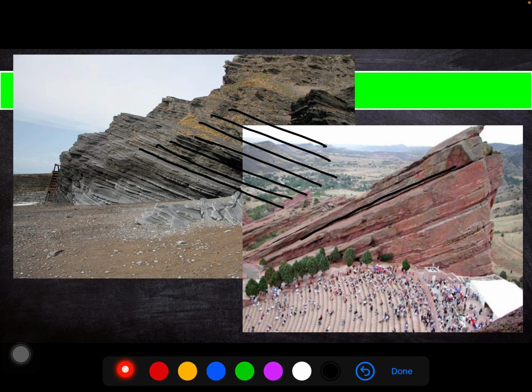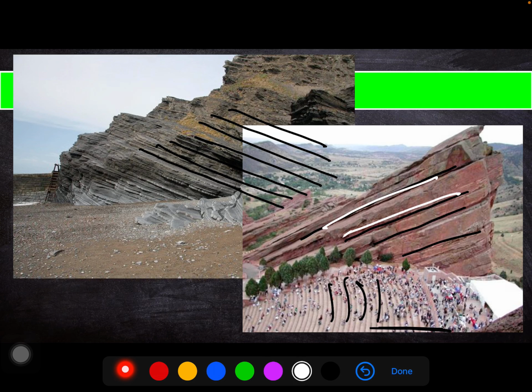These are much bigger. Okay, this is somewhere on my bucket list. This is in Colorado. It's called Red Rocks, and as you can see, it's like a concert venue, and there's another one of these on the other side of this amphitheater, kind of acting as the natural walls for acoustics. Looks pretty cool. So anyways, these rocks are tilted.